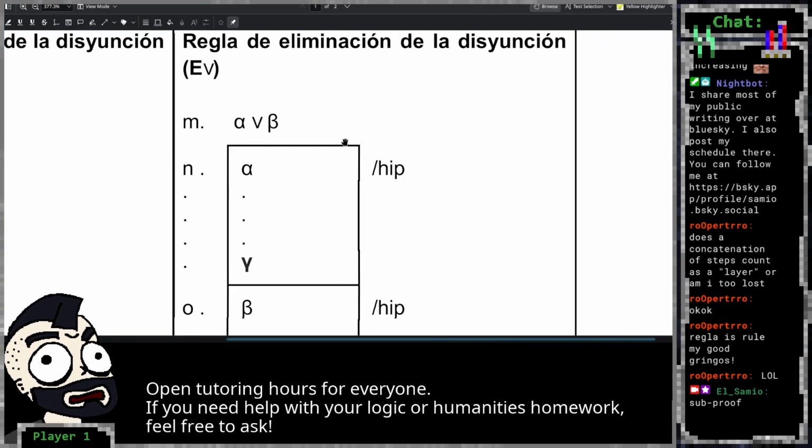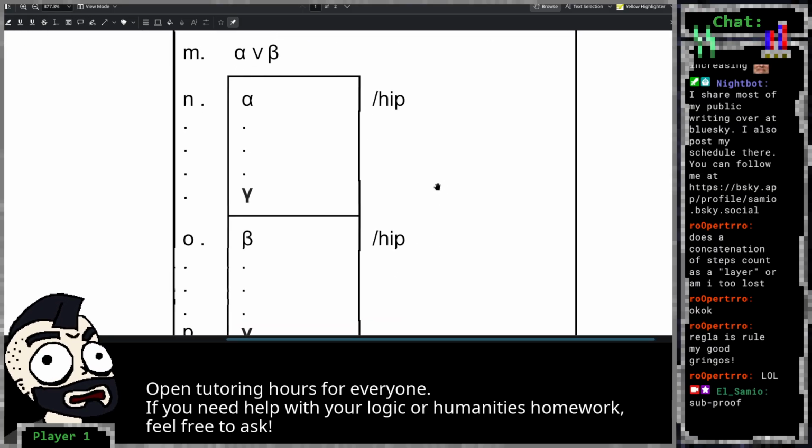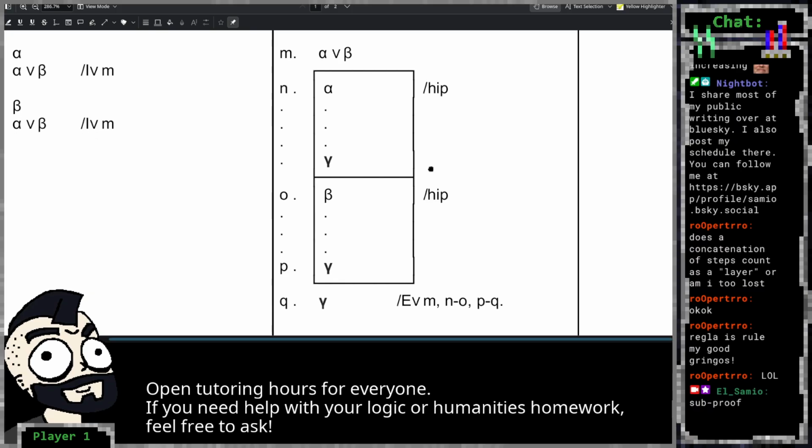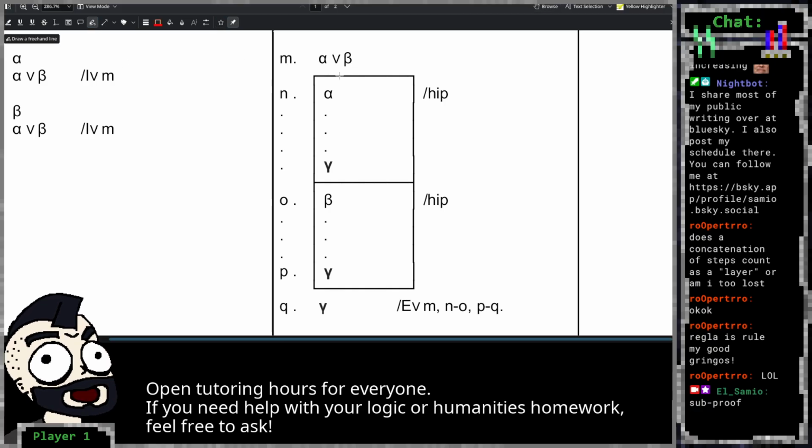Now, the rule of disjunction elimination is a lot more complex than its introduction one. So what we do is, if we have a disjunction, then we will build two subproofs. And we will basically say, okay, look, I don't know whether A or B is true. I know at least one of them is true, possibly both.